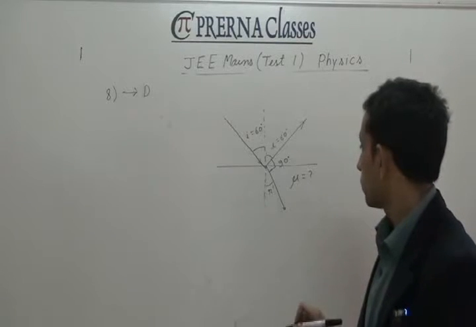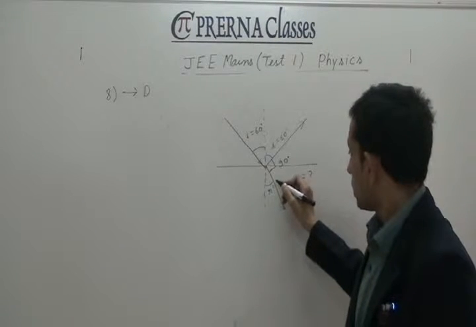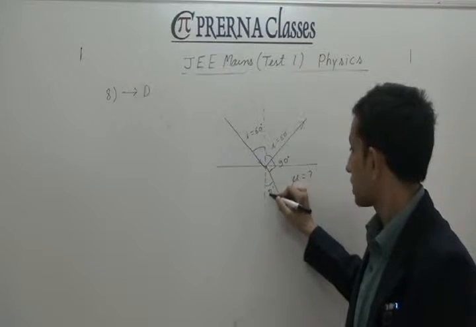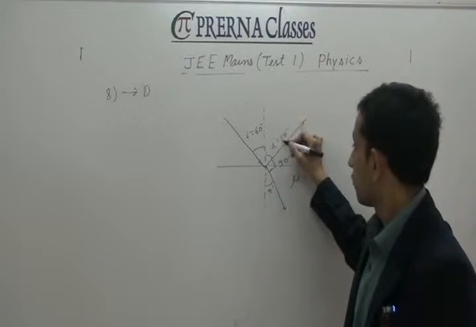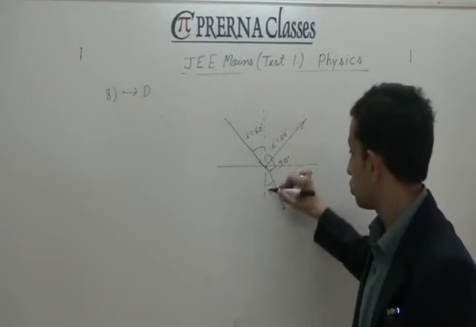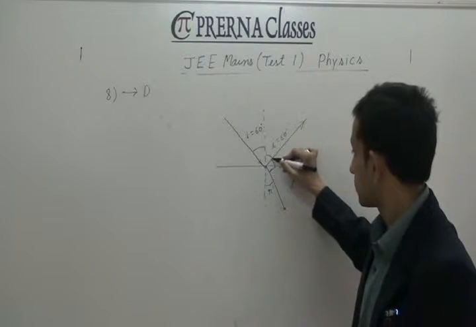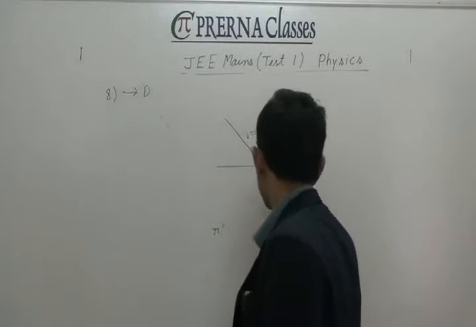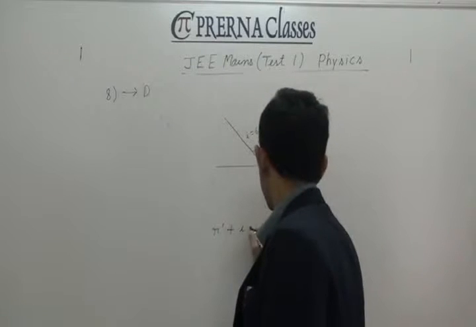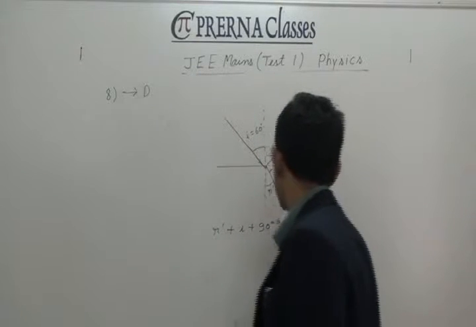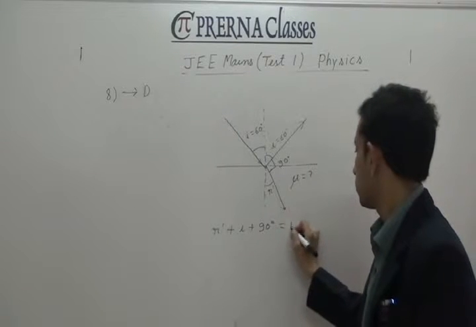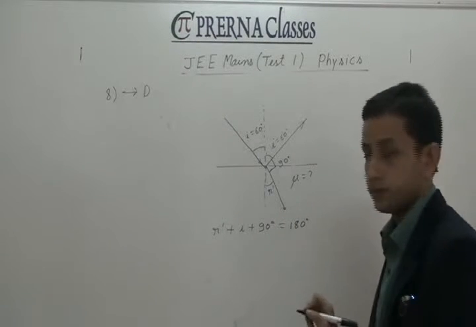So for this what we are going to do, the angle of refraction and angle of reflection, that will be 60 degree. The sum of these two plus 90 will give total 180. So R dash plus I plus 90 will give 180 degree.